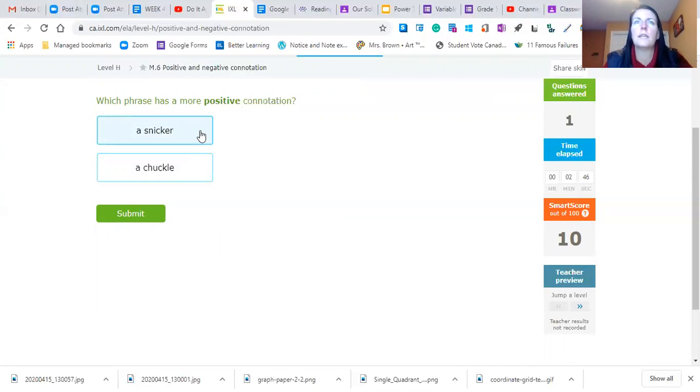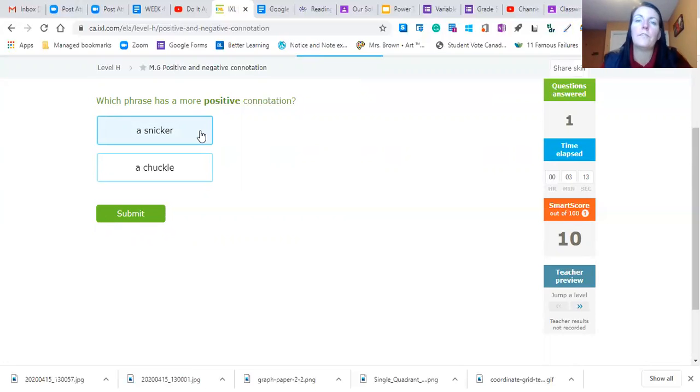Someone will snicker if they see somebody hurt themselves and they're quite mean and enjoy watching somebody else get hurt, or they snicker because they've been reprimanded or disciplined and they don't like that, so they'll snicker sort of to themselves. It's kind of a rude thing to do.